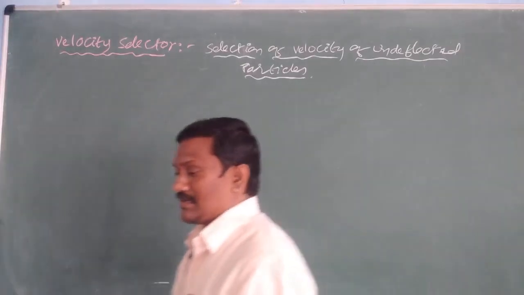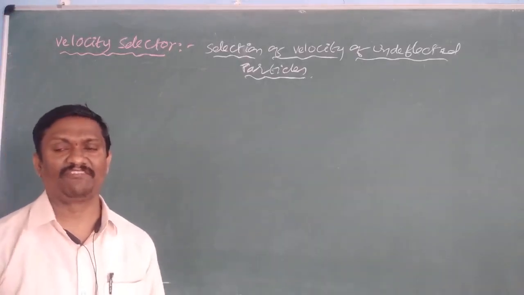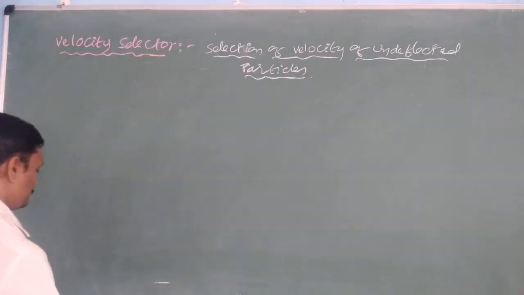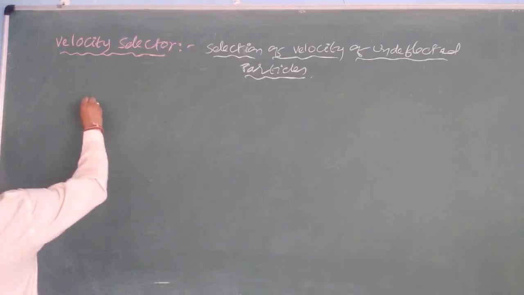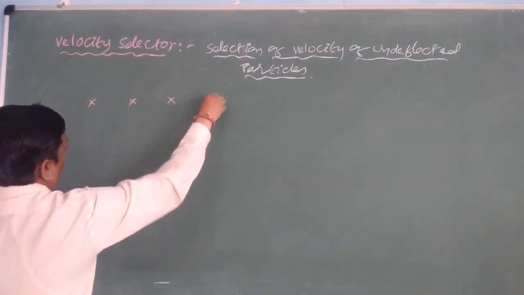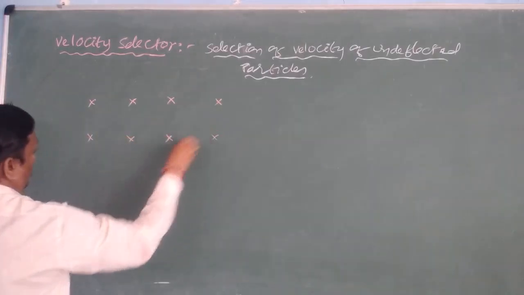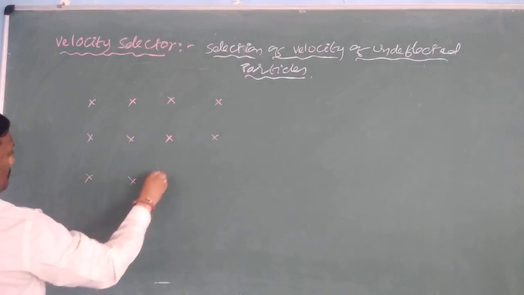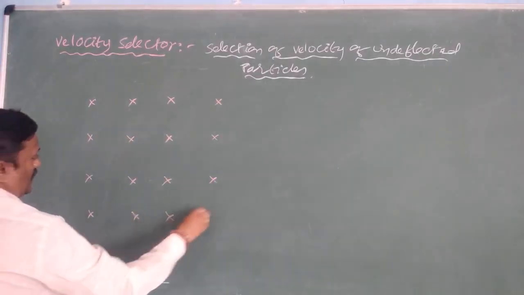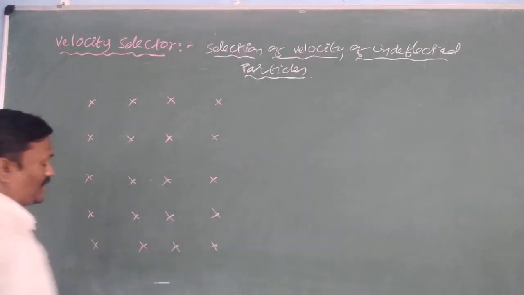For this purpose, we have to consider both fields, electric field as well as magnetic field. For example, assume one magnetic field. Here the cross symbol represents that the direction of the magnetic field is into the plane.